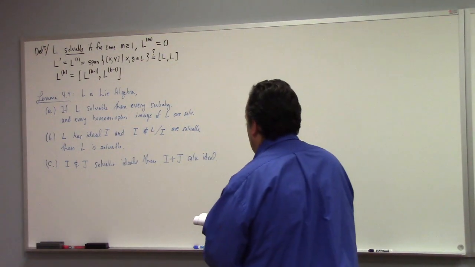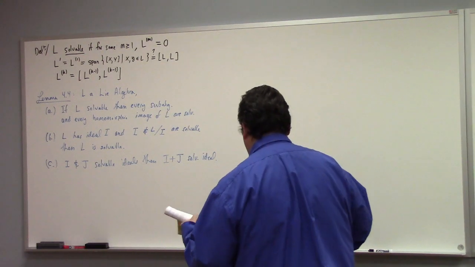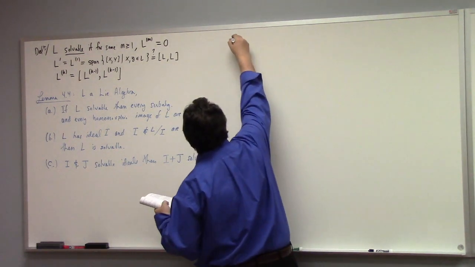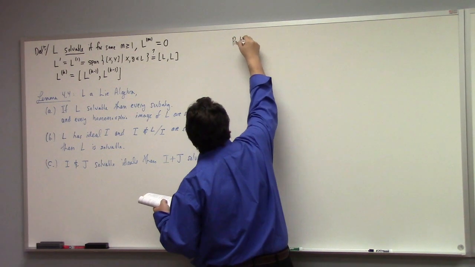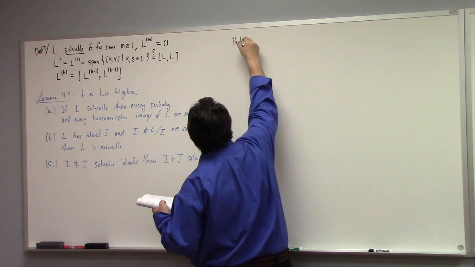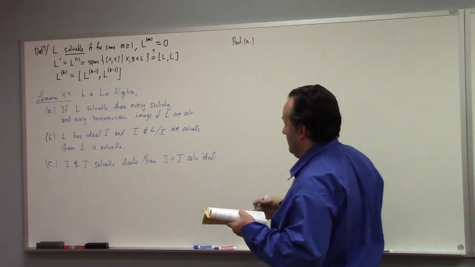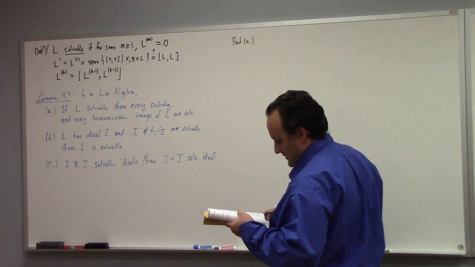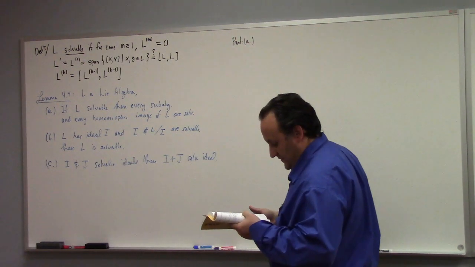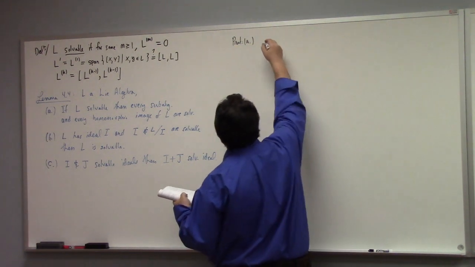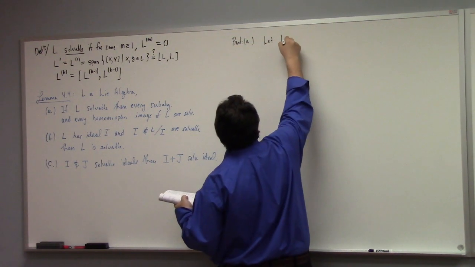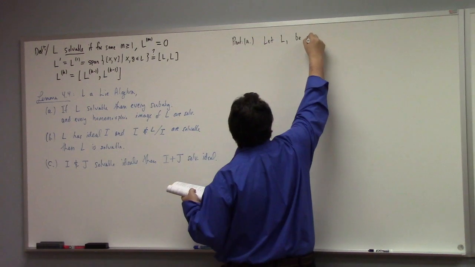Here's the proof of A. So what do we want to do? Assume L is solvable. He says, let L1 be a subalgebra of L. What does that mean?